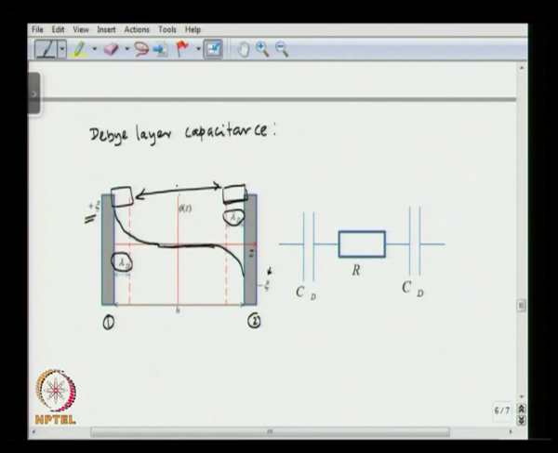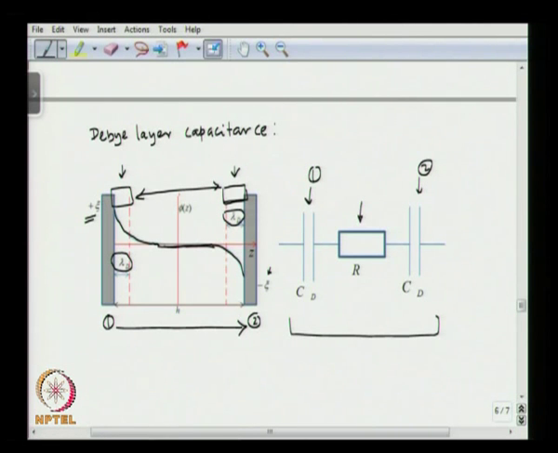So if you look at the electrical equivalent of what is happening between plate 1 and plate 2, this is how you can represent it. You have a capacitor here, another capacitor close to wall 2, and the bulk of the liquid can be considered as a resistor element.